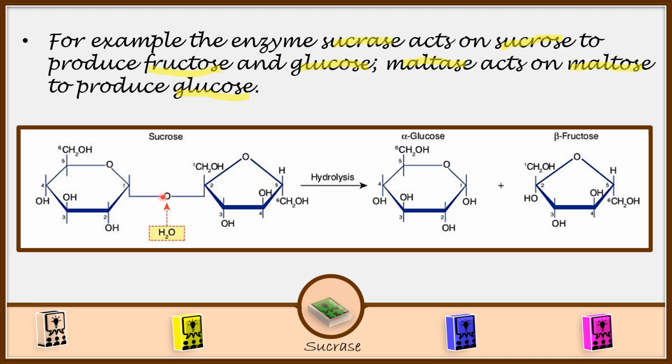When we add in the water molecule, the bond is going to break. Now this one will go on its own and this one will go on its own. That's why we end up forming glucose, and on this side we form fructose. So what has helped this reaction to take place very fast? It is the presence of the sucrase enzyme.